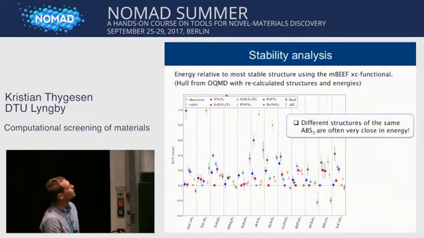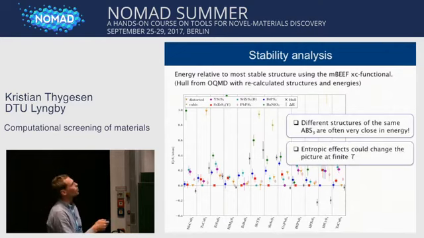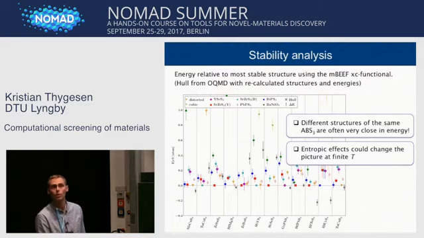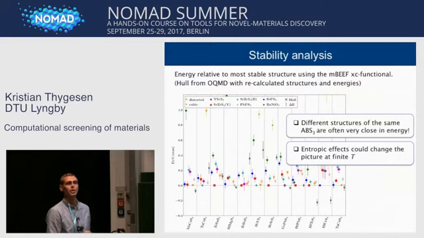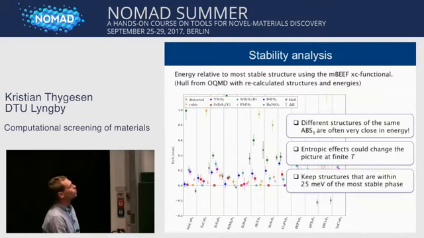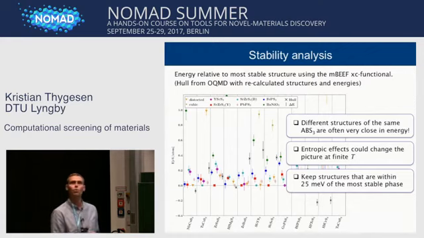Okay. So there are a couple of things to note here in general, that typically there are many structures that have very similar energies. We should also bear in mind that when we're looking at these materials at finite temperatures, there are entropic effects that will really change the energetic ordering of the different phases. So what we do is we decide to keep structures that are within 25 meV per atom of the most stable phase.